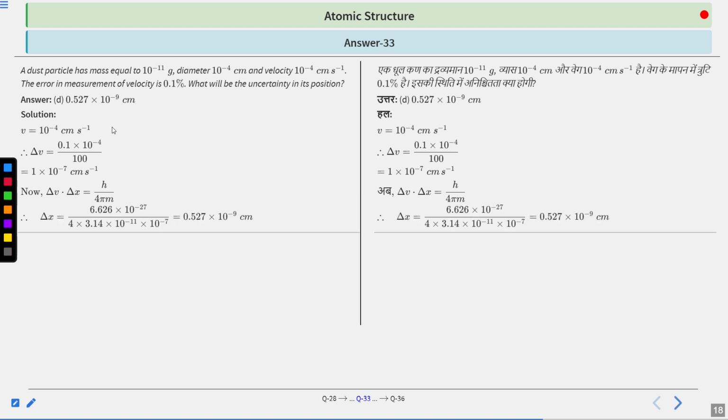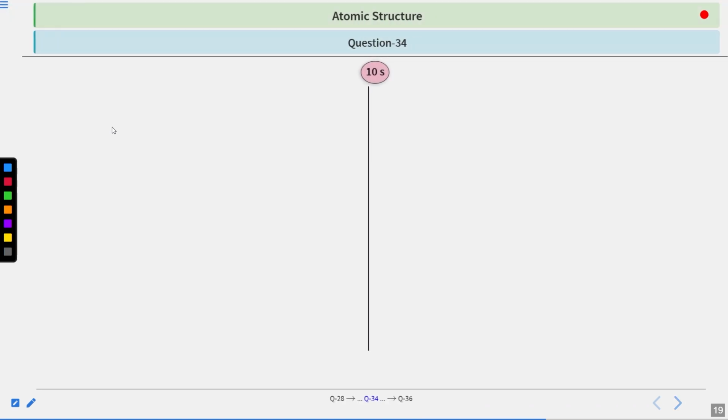Or we can write delta x is simply equal to 6.626 into 10 to the power minus 27 by 4 into 3.14 into 10 to the power minus 11 into 10 to the power minus 7. So that will give you delta x value as 0.527 into 10 to the power minus 9 centimeter as the correct answer. Clear? Okay. Moving on to next question.